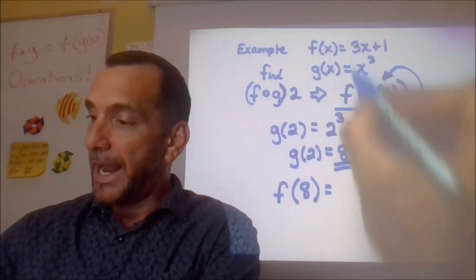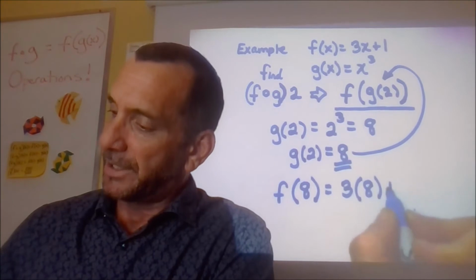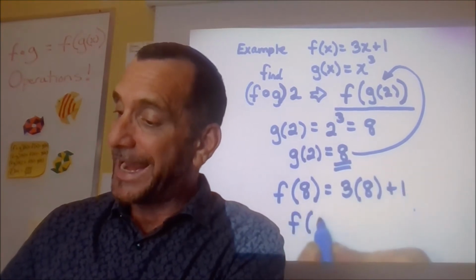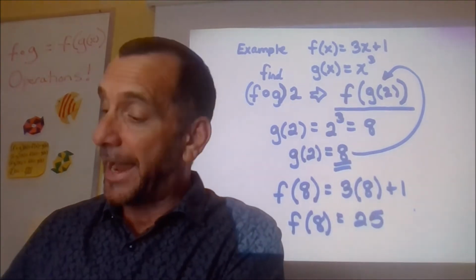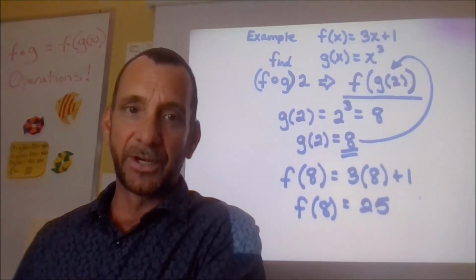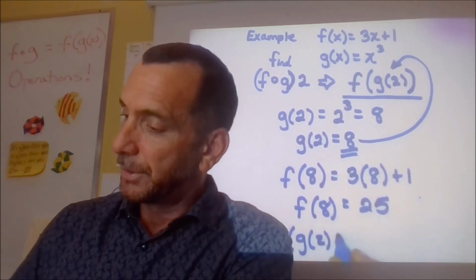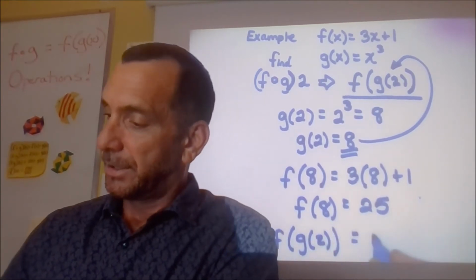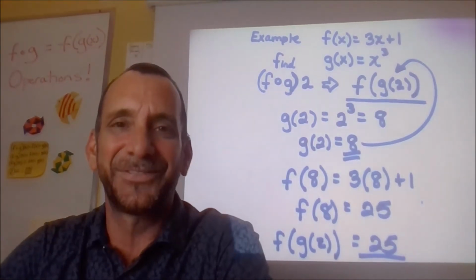So here we go. 3 times 8 plus 1, f of 8 is 25. So really what that means is f of g of 2 is 25. Pretty good stuff.